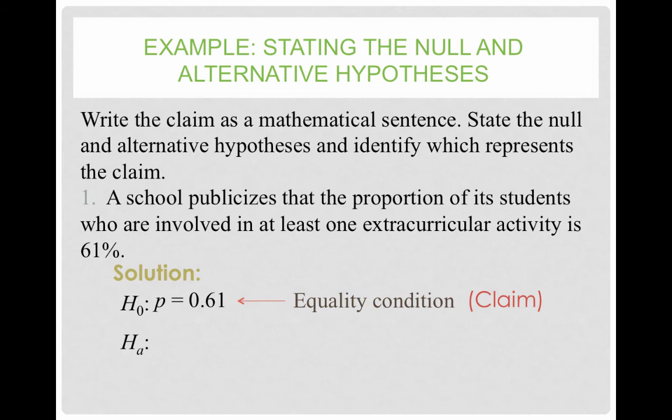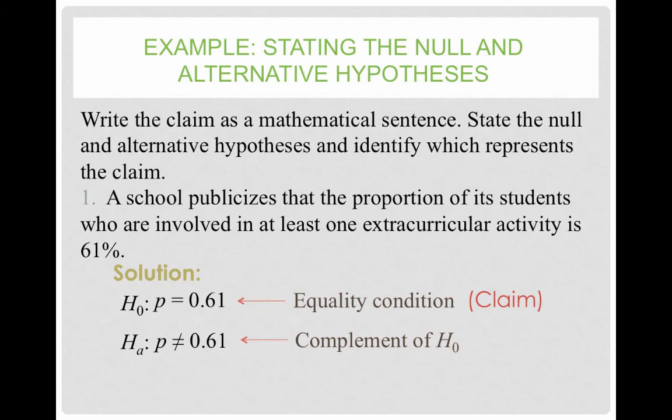All right, the equality condition is the claim, that the population proportion is equal to 0.61. The alternative hypothesis is going to be the opposite of that, that the population proportion is not equal to 0.61.